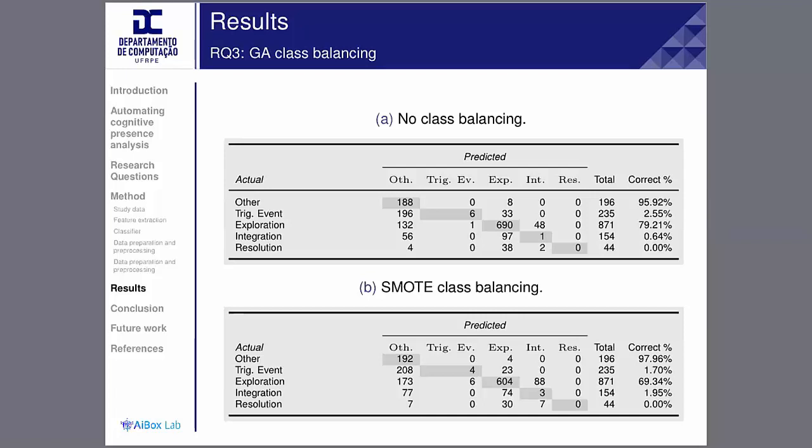In SMOTE class balancing, we identified more Coh-Metrix features. So the Coh-Metrix features are used to identify more integration messages in the integration phase. So the misclassification here was also identified.